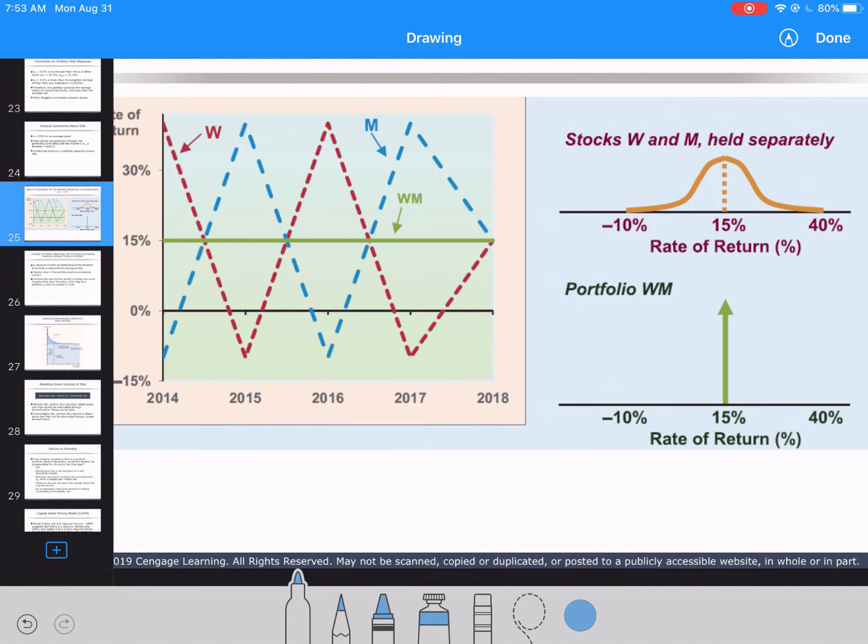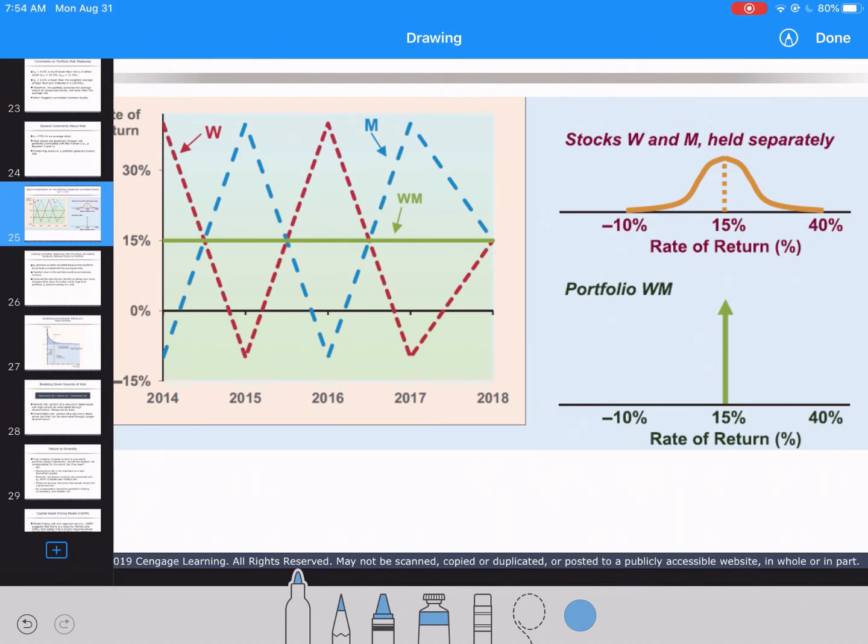So the negative return from the red stock is more than compensated by the positive return of the blue stock. And you see the average is a flat line, the green line, the WM portfolio.